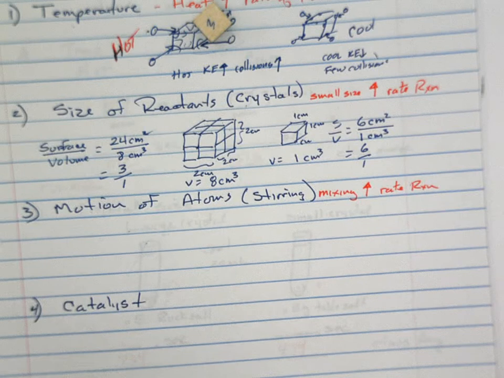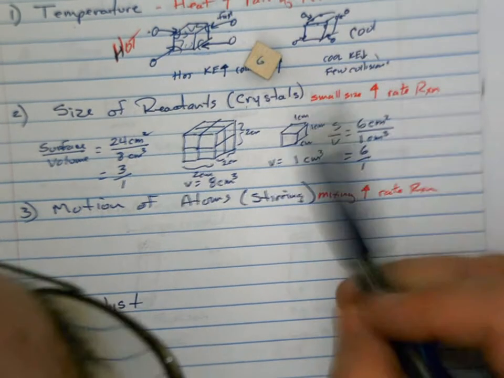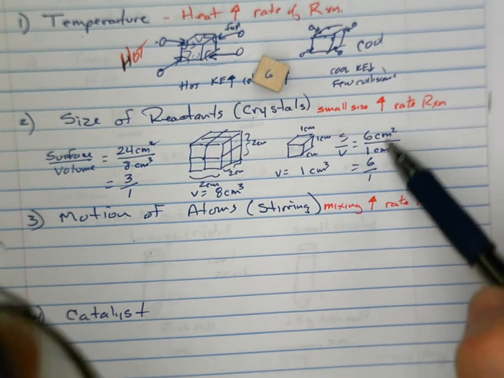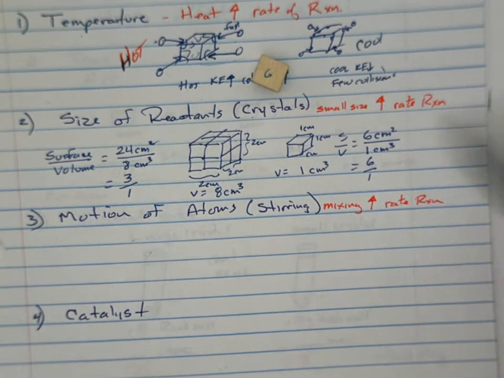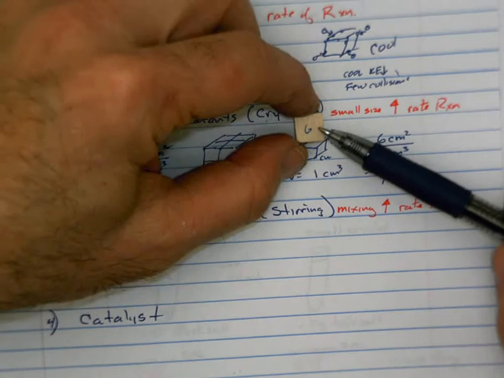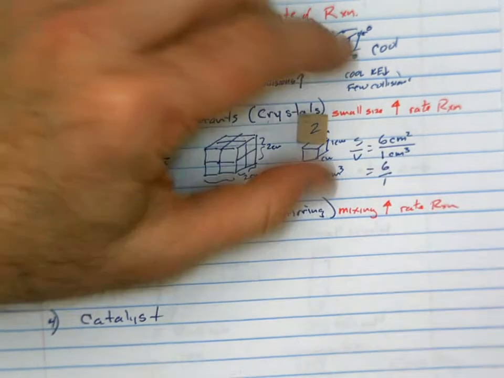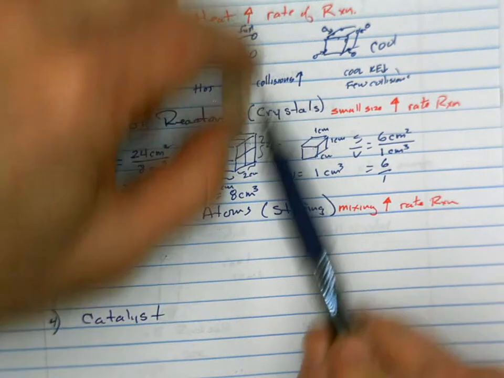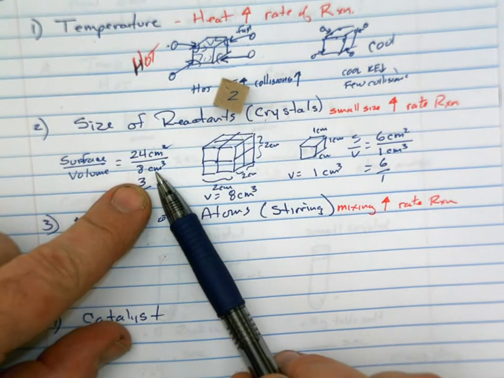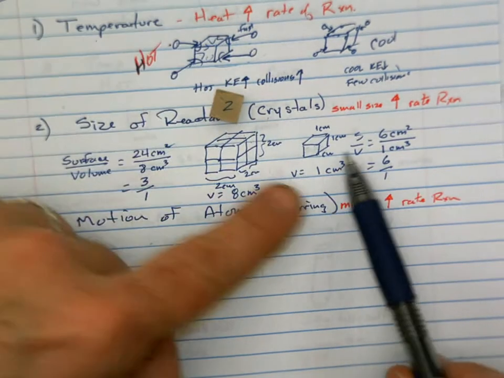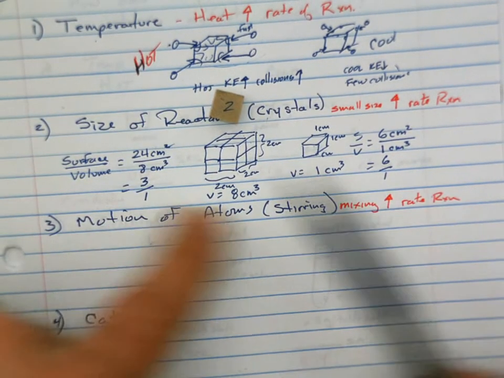What? How could the little tiny cube have such a huge surface to volume ratio? Well, there's 6 surface areas compared to 1 of its volumes. This one has 24 surface areas to its 8 cubic centimeters. So this one turns out 3 to 1, and that one 6 to 1.